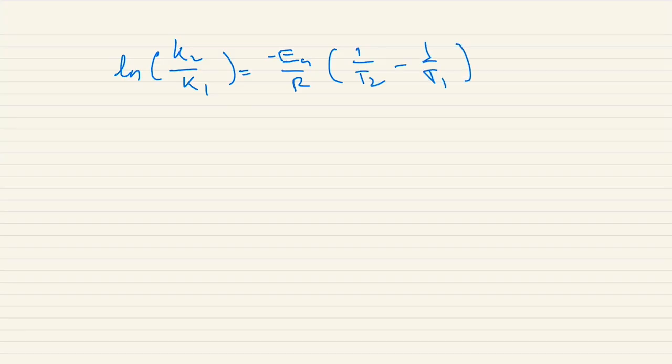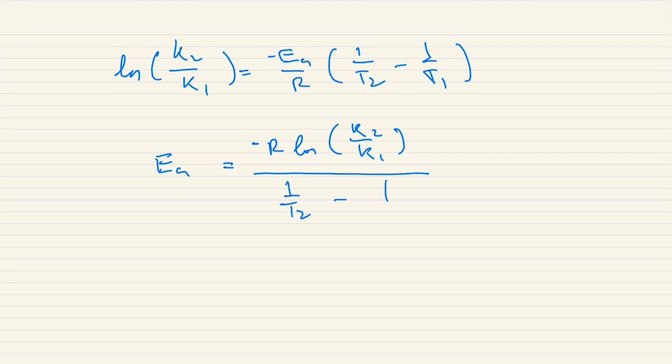So when I do that, now I have ln k2 over k1 is equal to minus EA over R times 1 over T2 minus 1 over T1. Rearranging everything, we get EA is equal to R ln k2 over k1, all divided by 1 over T2 minus 1 over T1.